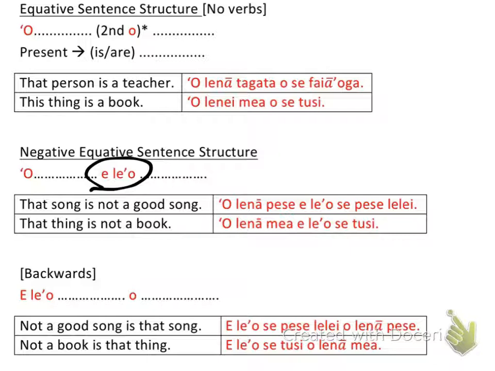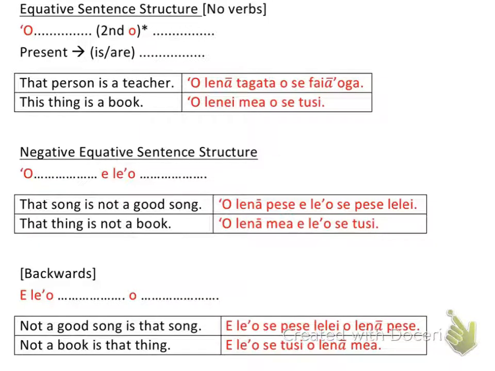So we still have that particle O, which is, and then the ele right there makes it is not, or it's not, one of the two. So we present with the particle O a noun phrase, and then we're saying it's not whatever we're saying it's not.